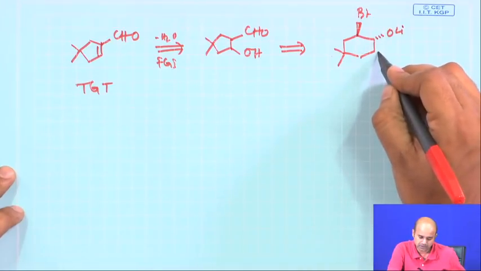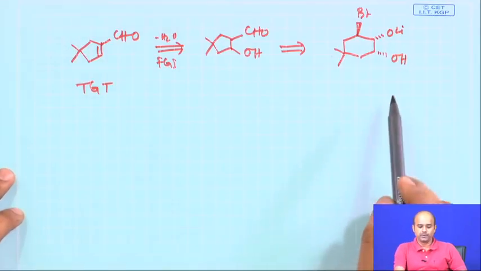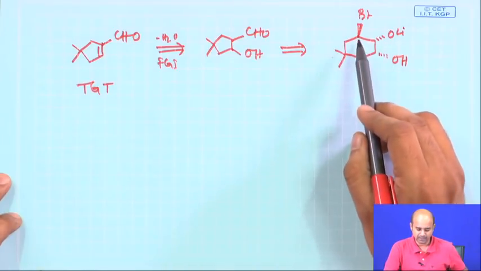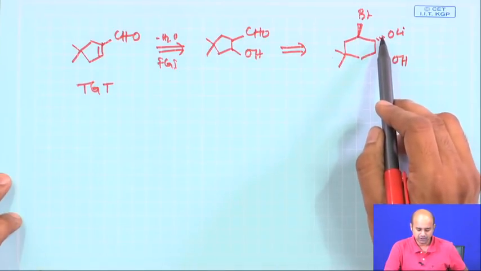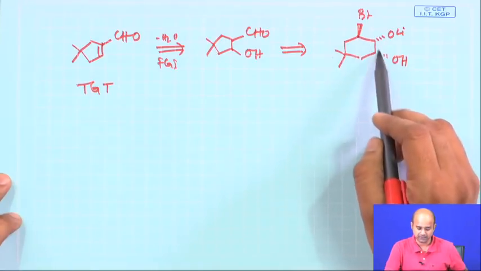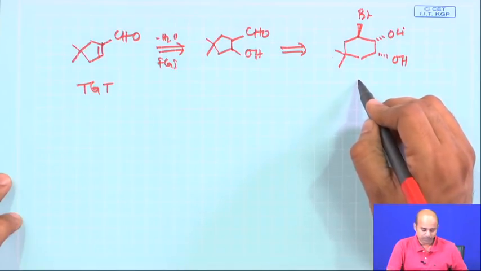The transformation will give you a starting precursor, which is a bromo compound with 2 adjacent dihydroxy groups. The stereochemistry was basically given in this way. Now, once you do the forward pathway, probably things will be quite clear.